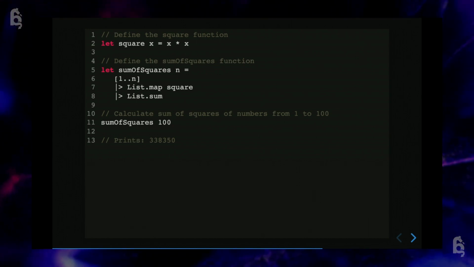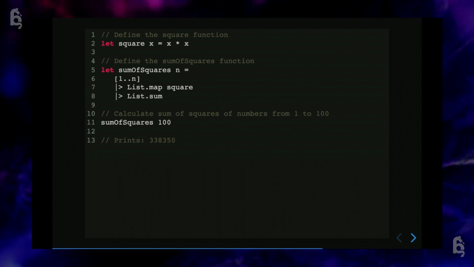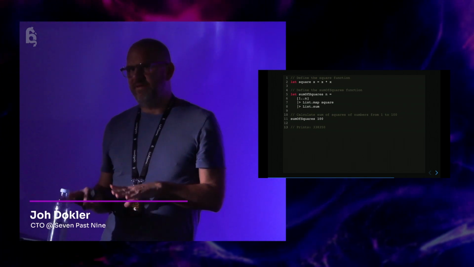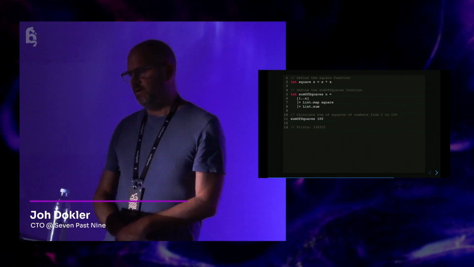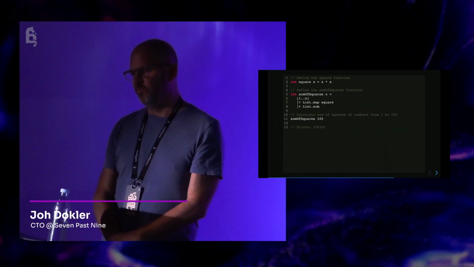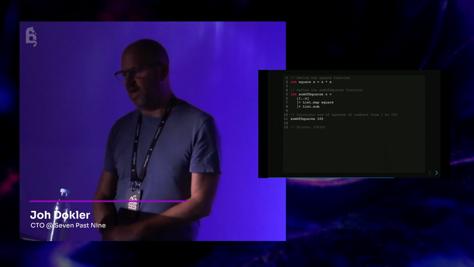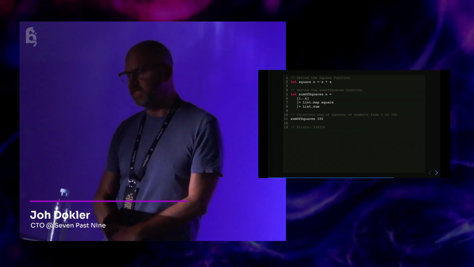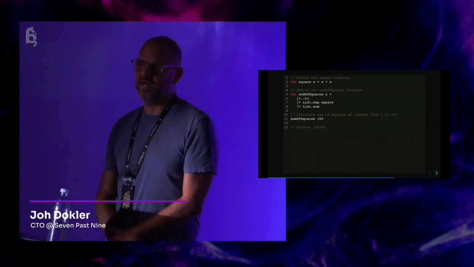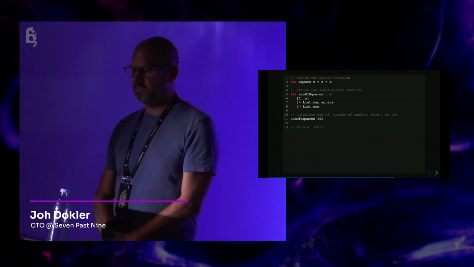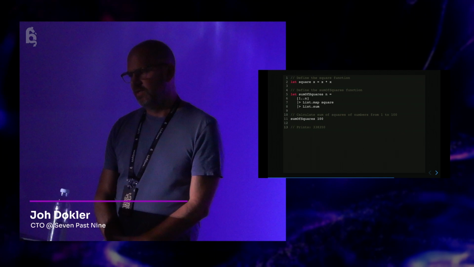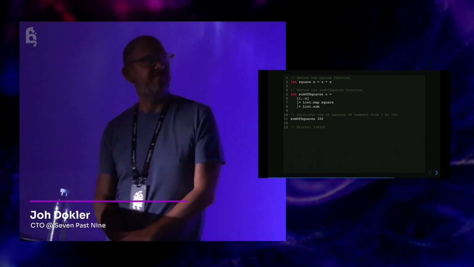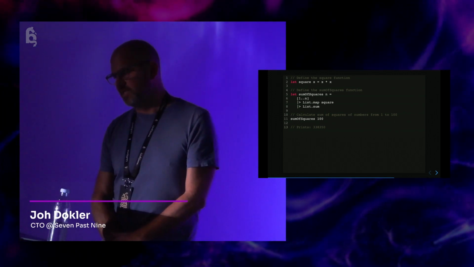One thing that is not really shown here is that all of this is very strictly typed, which means that if we were to pass as an initial argument, where you see 1 to n, a list of strings here, the compiler would tell us, sorry, but this is not compatible with, first, the square function, because it would know from the definition of the square function that you cannot multiply strings.